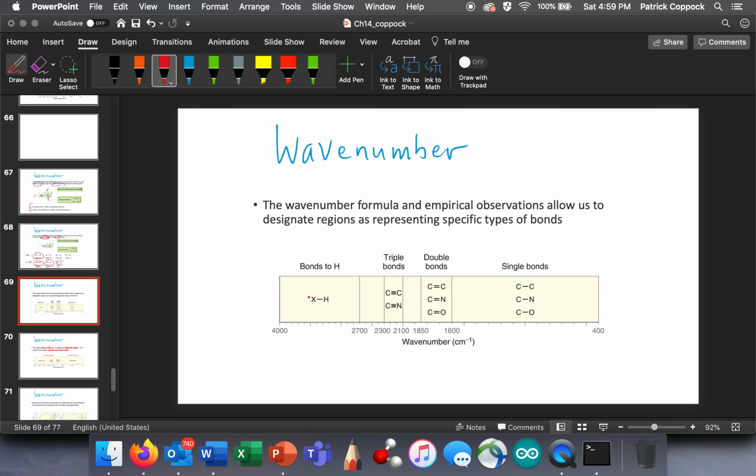Anything with a hydrogen is typically from 3,000 to 4,000. Carbon-nitrogen is typically in this area. Triple bonds are here, double bonds are typically in this area, and single bonds between CC, CN, and CO are down here.